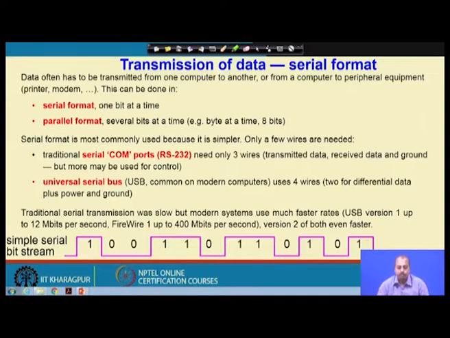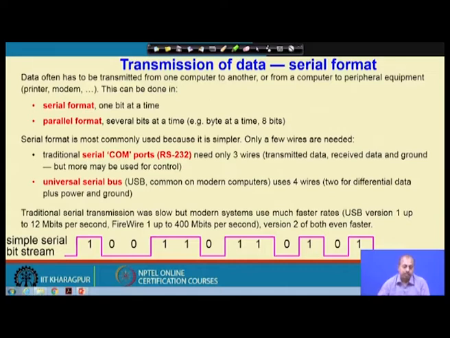In case of the COM port, we need one transmit data, one receive data and ground, and in case of USB we need only 4 wires. Of course, for the RS-232 communication more lines are needed, but for USB it is 4 only.